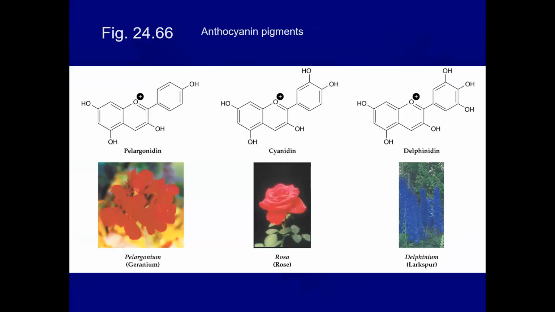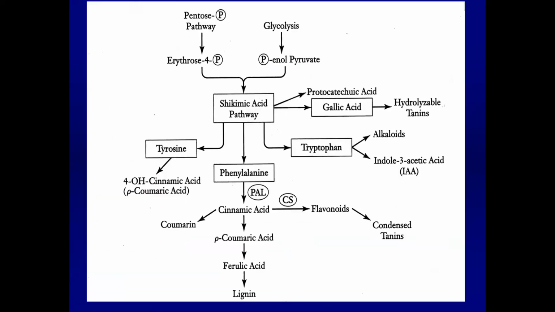So here you can see pelargonidin, cyanidin, delphinidin. A red rose contains cyanidin, and pelargonium, for example geranium, contains pelargonidin. These are generally called anthocyanin pigments, delphinidin. So these are classical examples of the pigments present in flowers.